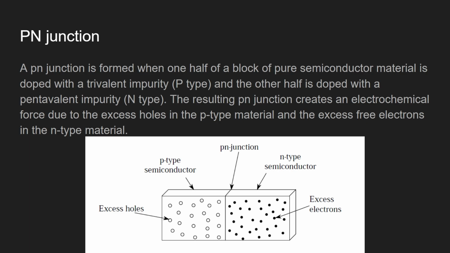When we connect both N-type and P-type together, the connection part is called the NP junction, the place where P-type semiconductor and N-type semiconductor join together.